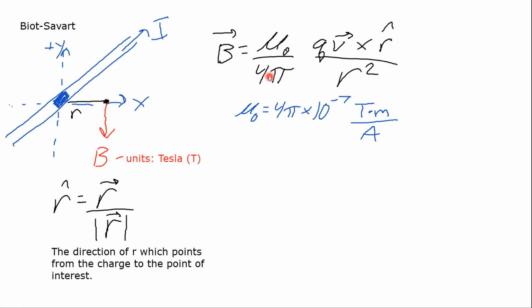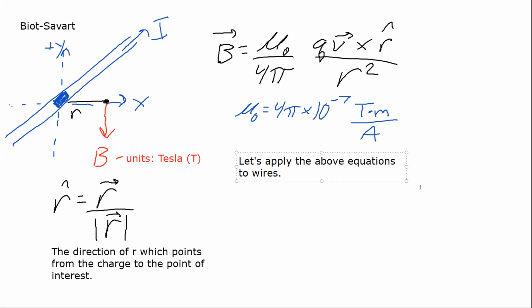So before I actually do the right-hand rule, let's apply this to wires. We could easily apply this equation to wires. So let's do that. Namely, what I want to do is put this in terms of currents.